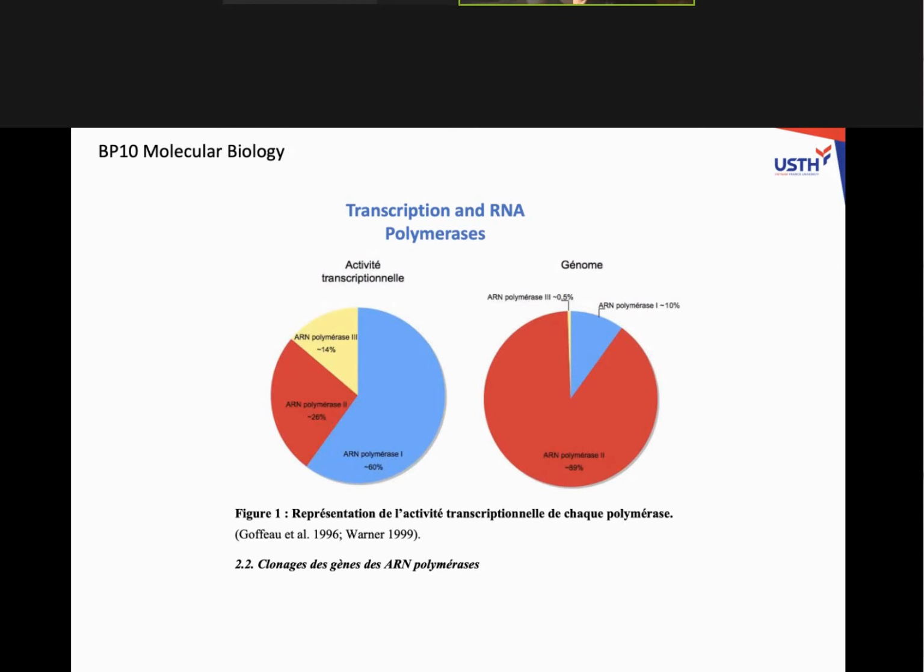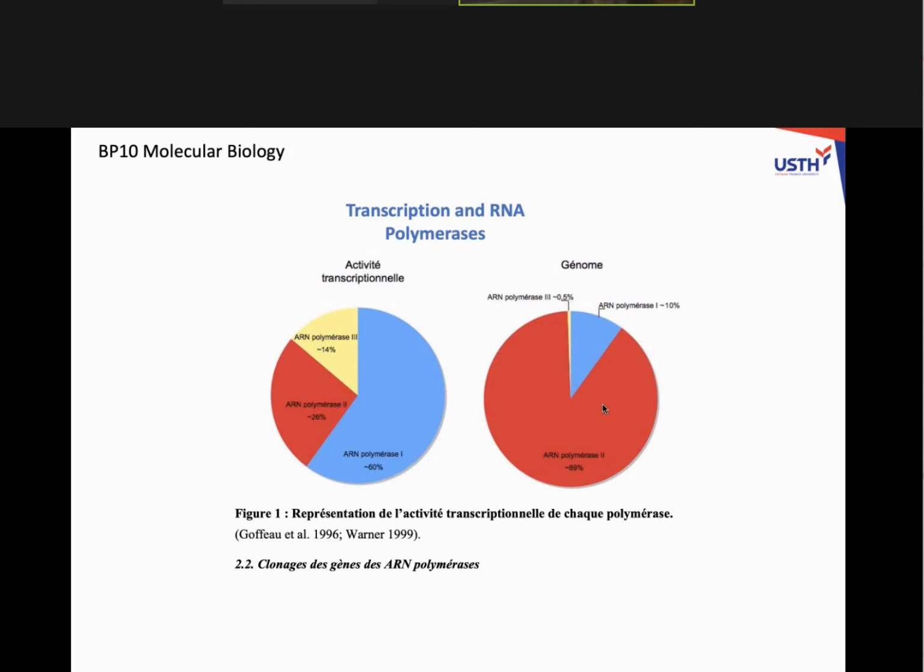So we are not talking about parts of the genome where there is no transcription at all. We are considering only the part of the genome that can be transcribed by one of the 3 RNA polymerases.